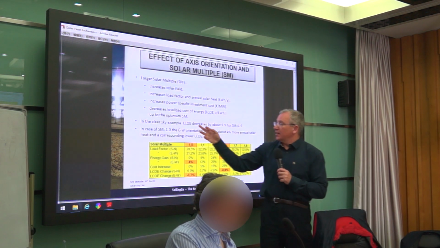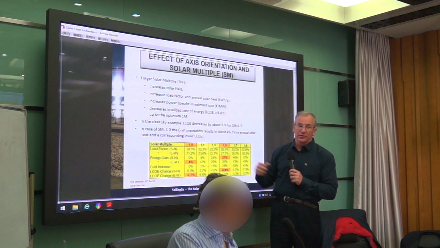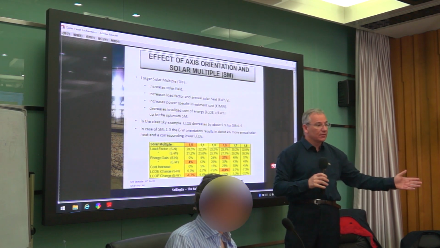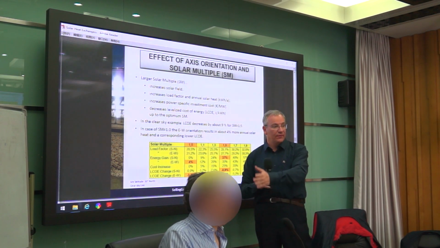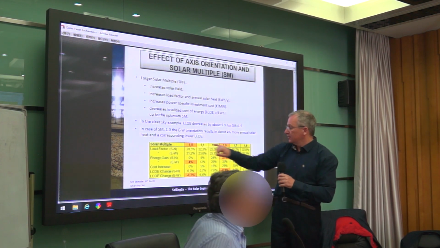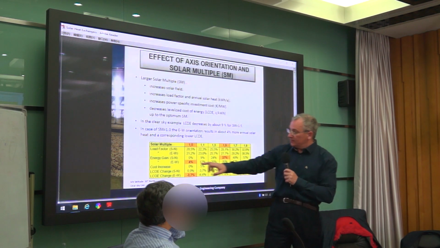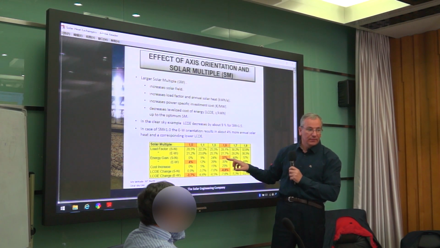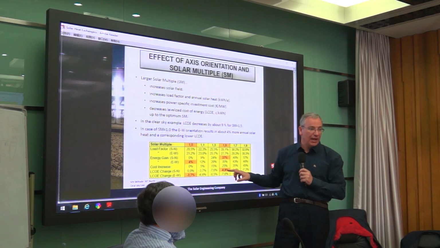So in clear sky, we can talk about approximately 9% difference in the LCOE. It means if we optimize, as you have seen, we plotted for solar multiple 1.1, 1.2, 1.3, 1.5, 1.7, as you can see here. And for that you can see that we get 37% more heat over the year from this north-south orientation, and that corresponds to approximately this 9%.